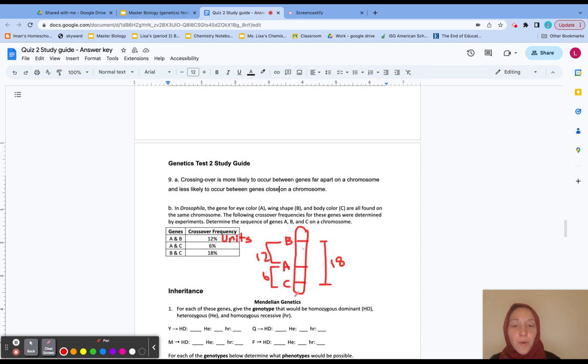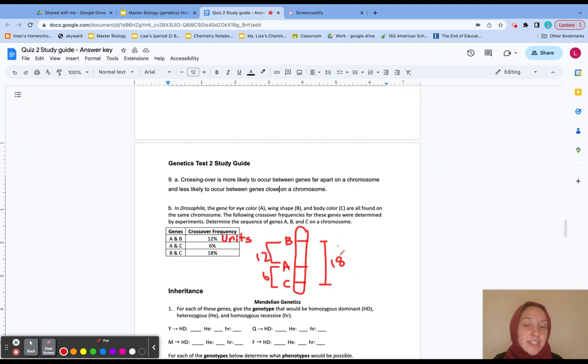So where are the locations of my genes? It would be in this order: B, then A, then C. And A and C would be half the distance to each other than A and B. I don't know if you can see how 6 plus 12 is 18. Can you see how those add together? Although these are percentages, you can think of them as units, right?